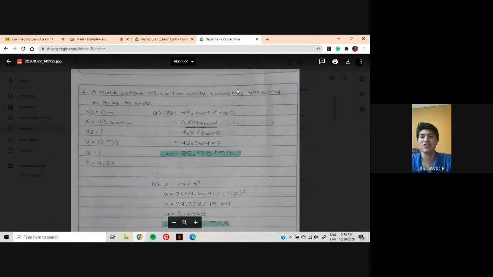I change it into hours because 1 hour has 3,600 seconds, and 4.2 is the time, and the speed is distance over time. Then I divide it by 2, and that's how I arrive at the result.